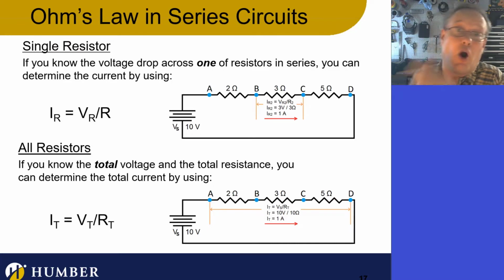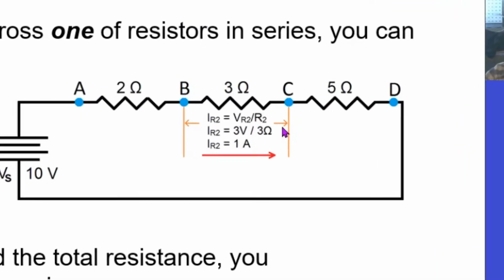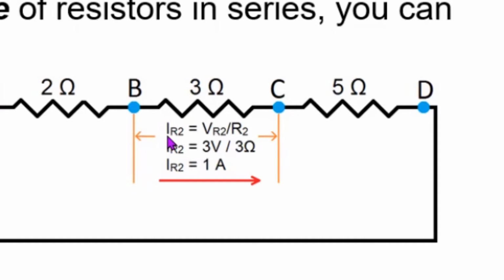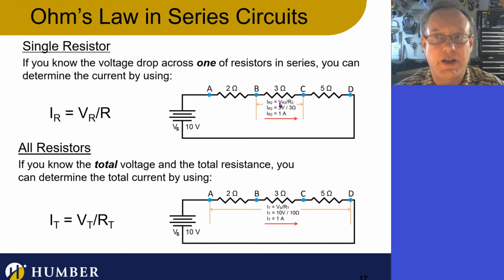So I can apply Ohm's law to calculate the current through resistor 2. In this case, this is easy. I'm using Ohm's law: IR2 equals VR2, the voltage drop across R2, divided by R2. There you go. So now I've just calculated IR2. Guess what? I now know the total circuit current.